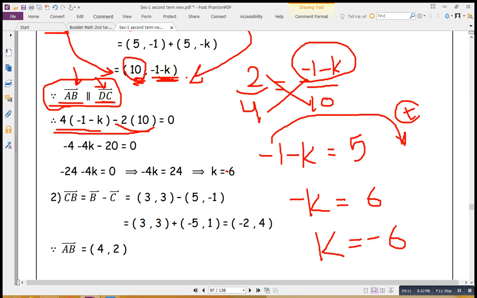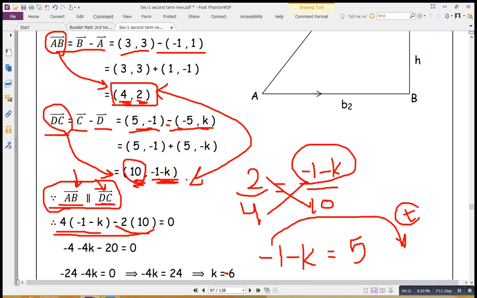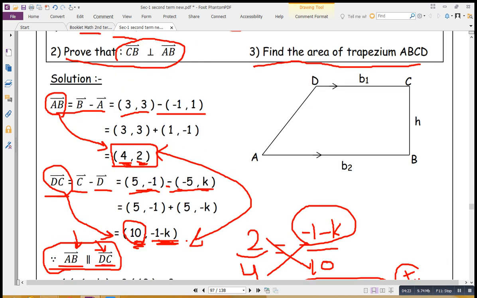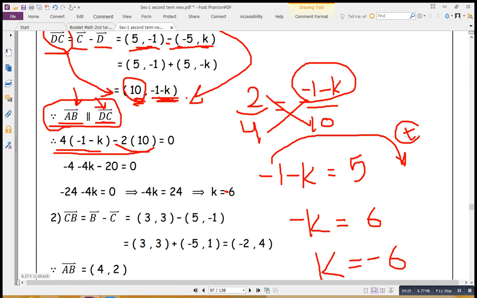So the required number 2 here is to prove that the vector CB is perpendicular to the vector AB. To get vector CB, we make a subtraction, B minus C. B is (3, 3) and C is (5, -1).